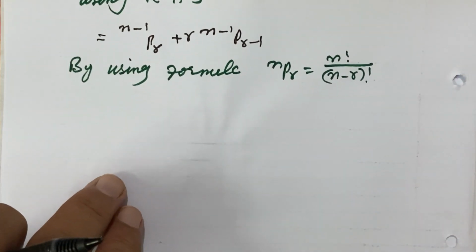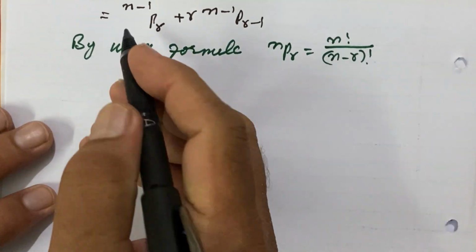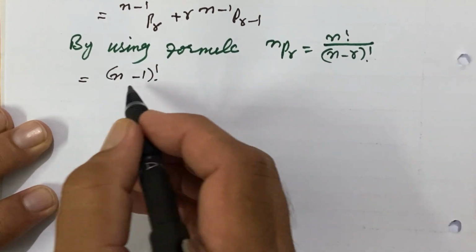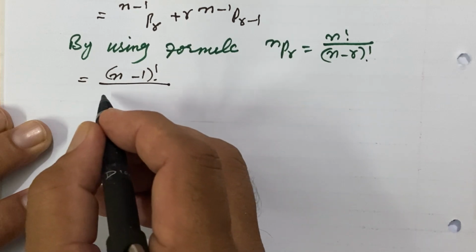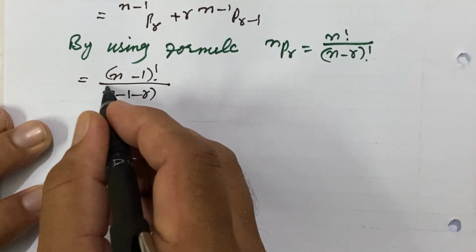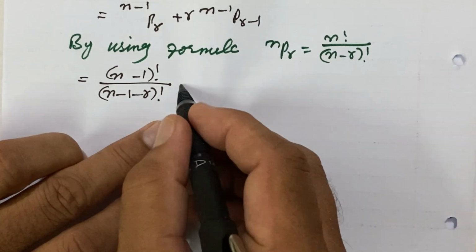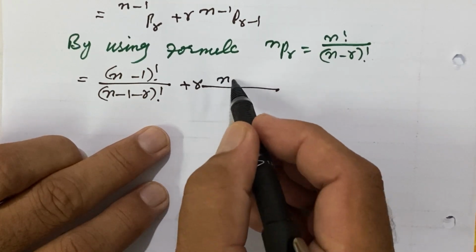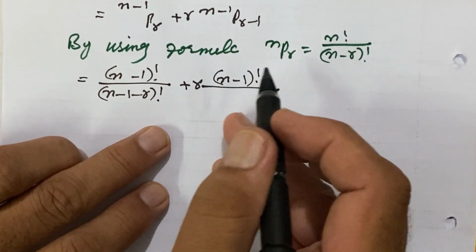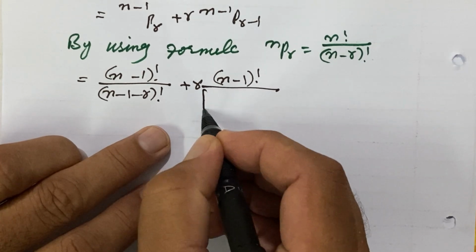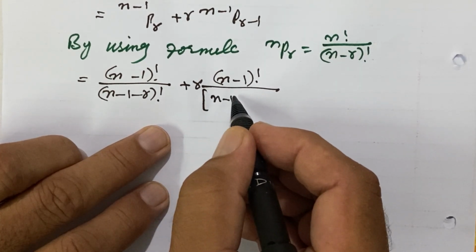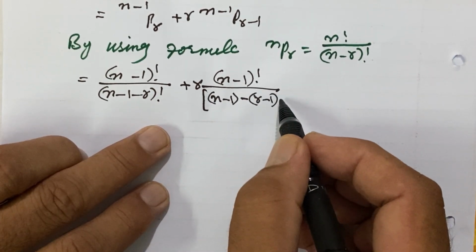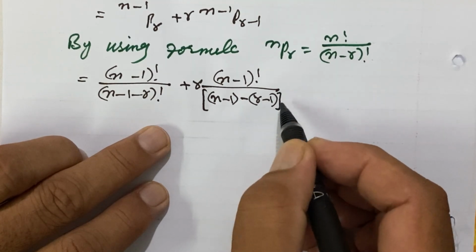Then it is equal to (n minus 1) factorial over (n minus 1 minus r) factorial. And the second one is r times (n minus 1) factorial over (n minus 1 minus (r minus 1)) factorial.